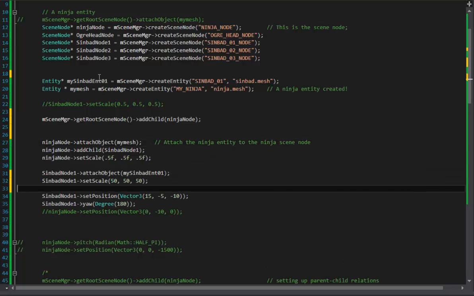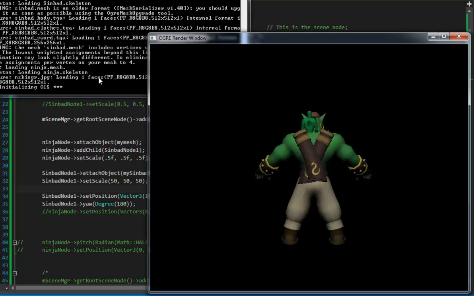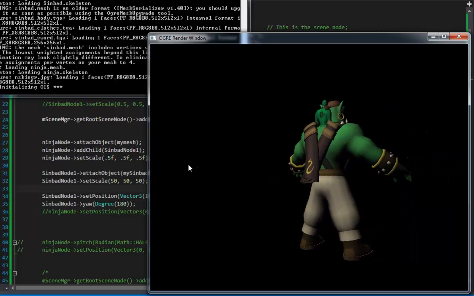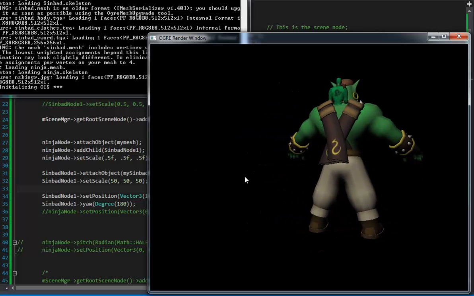So let's rerun this code, and hopefully this fixes this problem. But I'm glad we encountered this problem. It is actually important for us to see. Okay, perfect. So I have the Ninja node as the parent, and then Sinbad as its child.